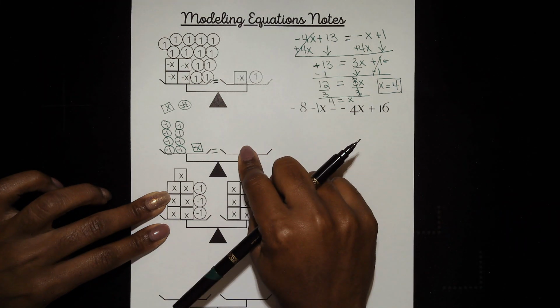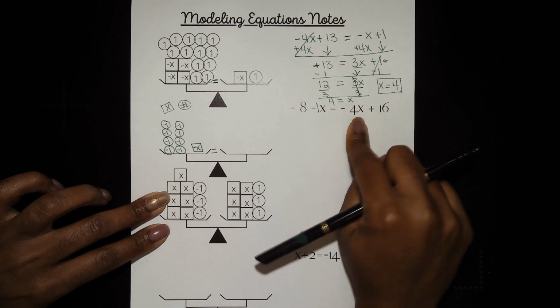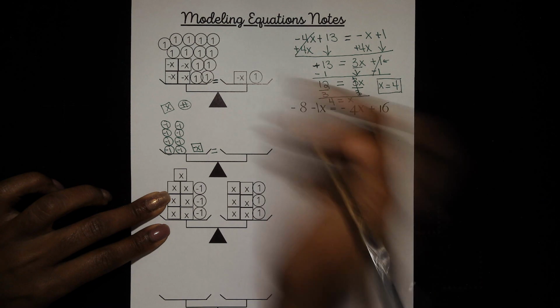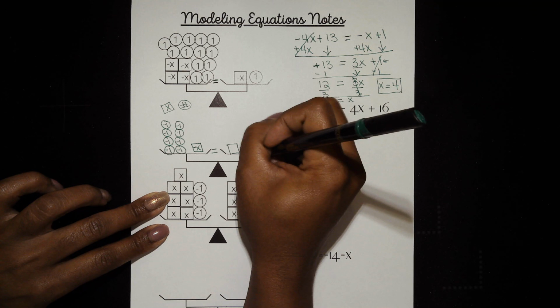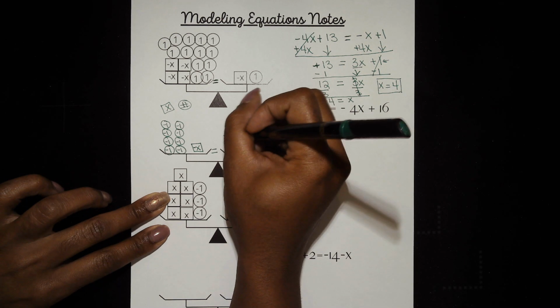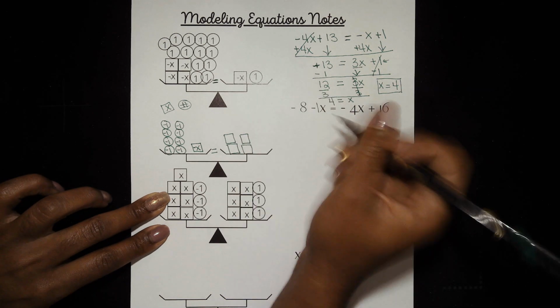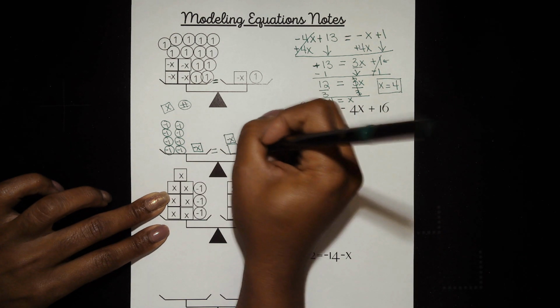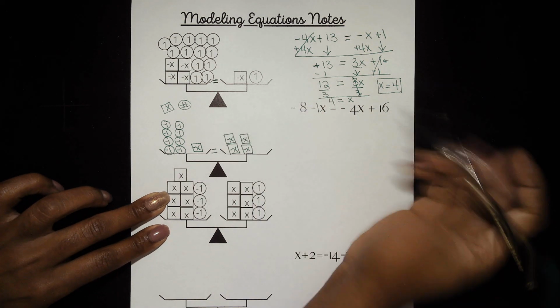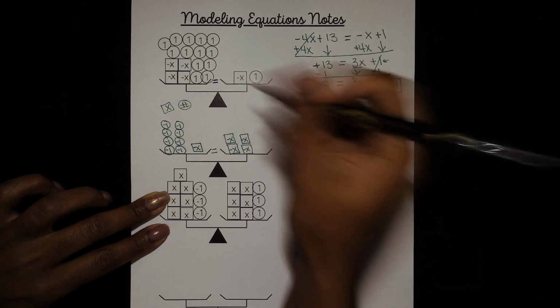Then I have my invisible equal sign. So now I'm on the other side of the balance beam. I have -4x, so that's my squares, and I need 4 of them. 1, 2, 3, 4, and they are negative x's. And then I need 16 positive circles.